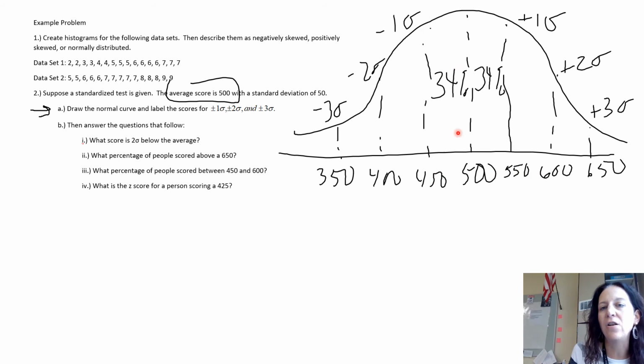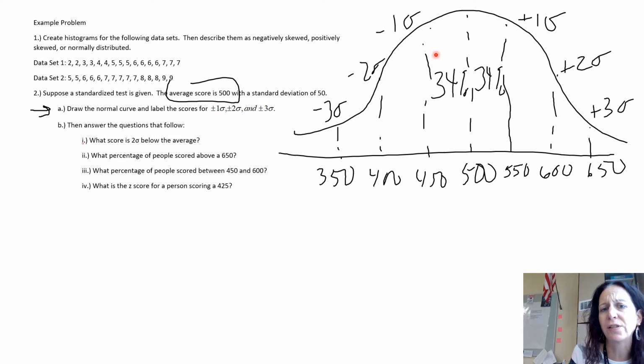And so another way you might hear that is 68% of people scored within one standard deviation of the average. So one standard deviation in either direction, 68% of the people scored within that band.